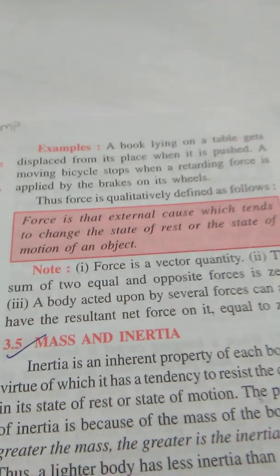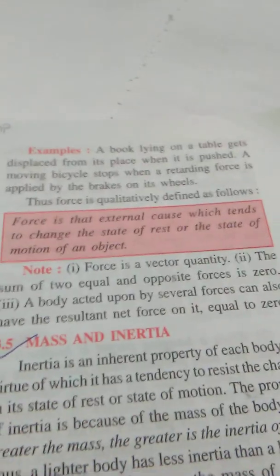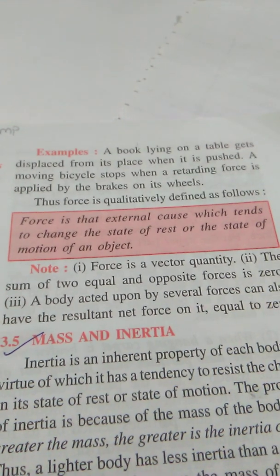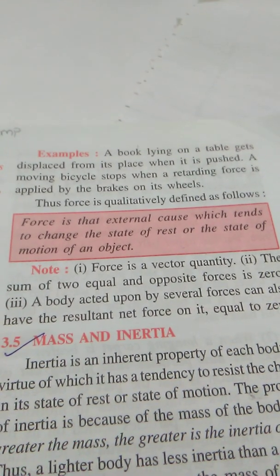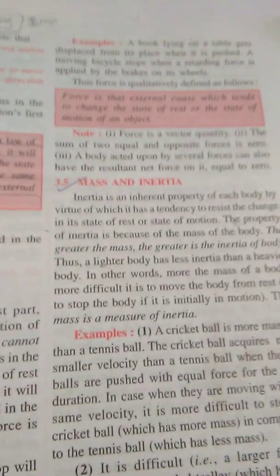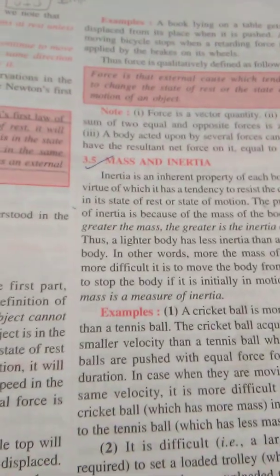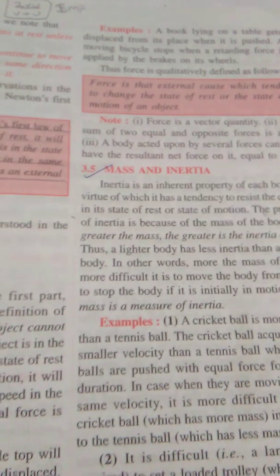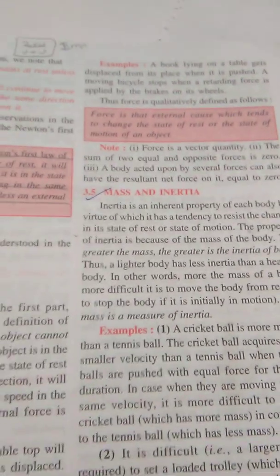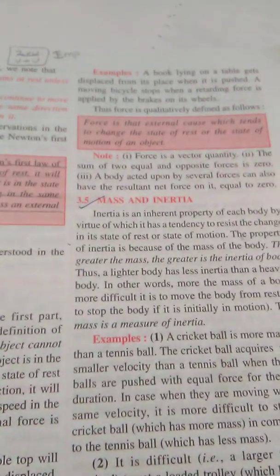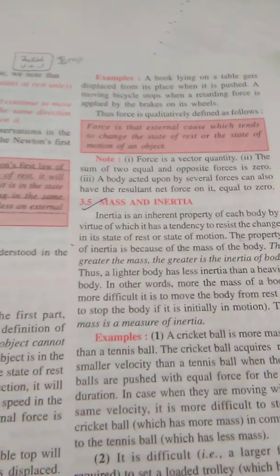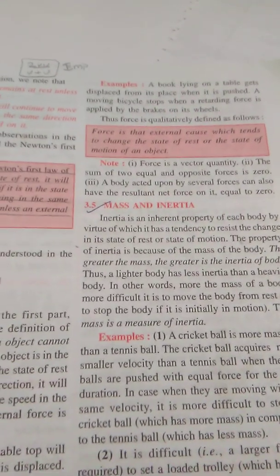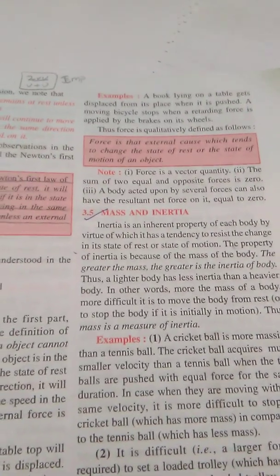Now inertia depends on two things: the mass and the velocity of the body, that means the speed of the body. Let us first discuss mass. Suppose I give you two stones, one of 10 kg and the second of 10 grams, resting on the ground.